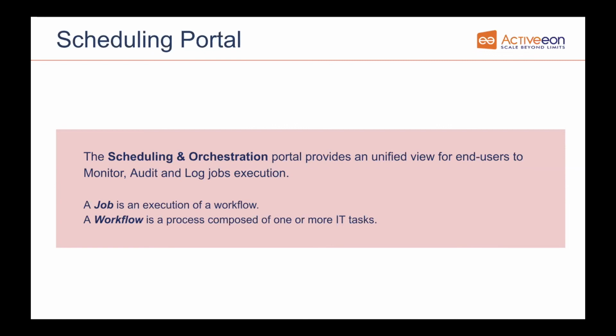So the scheduling portal is the place where administrators and expert users can see what is going on once we submit a job. Especially when we have an issue, we want to investigate the server logs that we don't have access to in the automation dashboard. We want to see what's going on in detail.